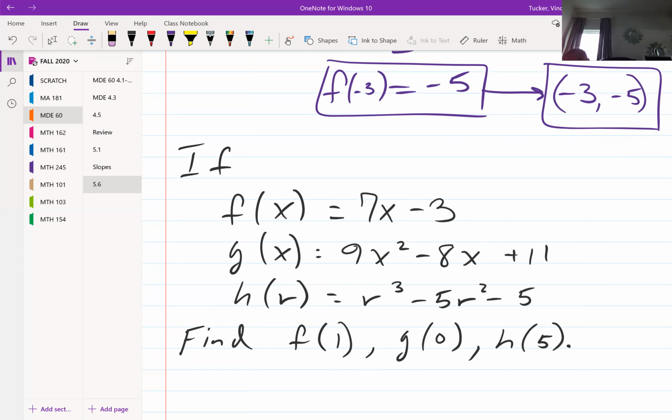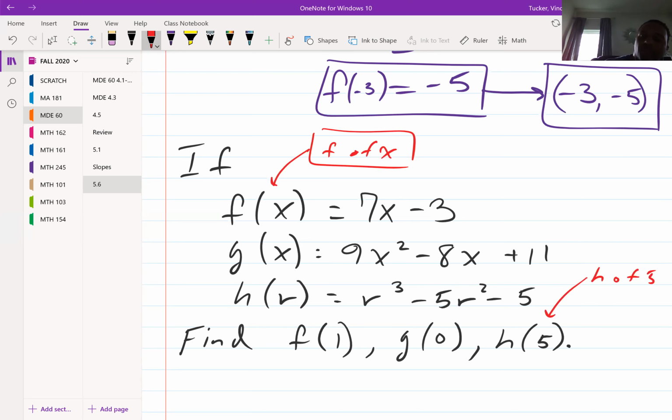Find f of 1, g of 0, h of 5. And I don't think I mentioned that the way you say this is f of x. So that's g of x, that's h of r. So this would be h of 5.